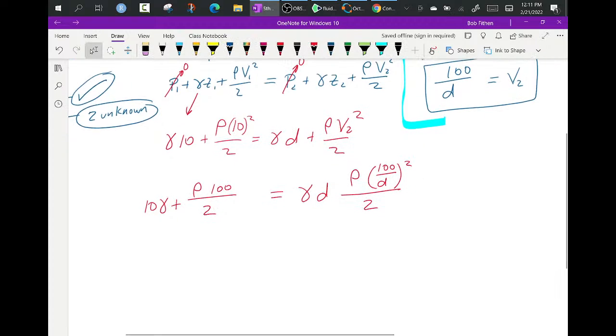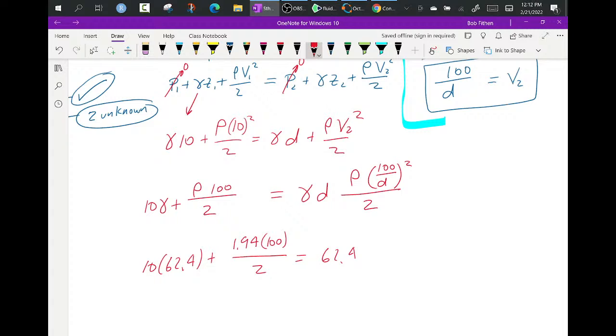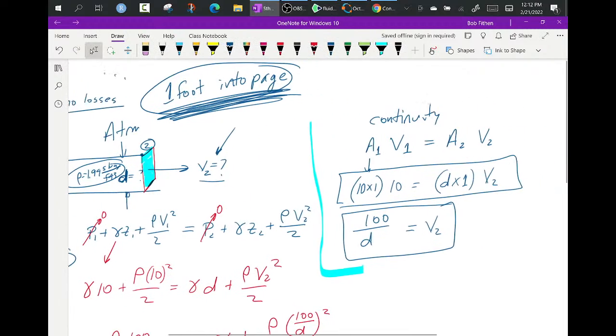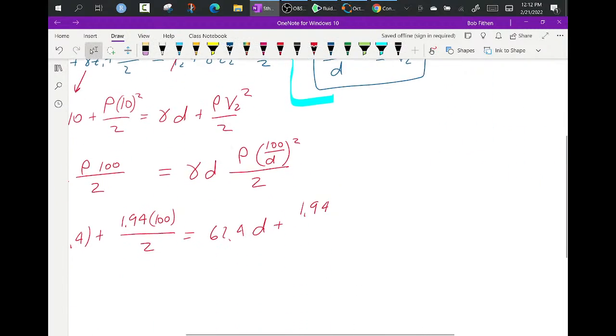Now I'm going to go ahead and start putting in the numbers: D0 times 62.4 plus 1.94 for the density, times V0 squared over 2, is equal to 62.4 times D plus 1.94 times, see, that's V0 squared over 2, D0 squared over D squared.